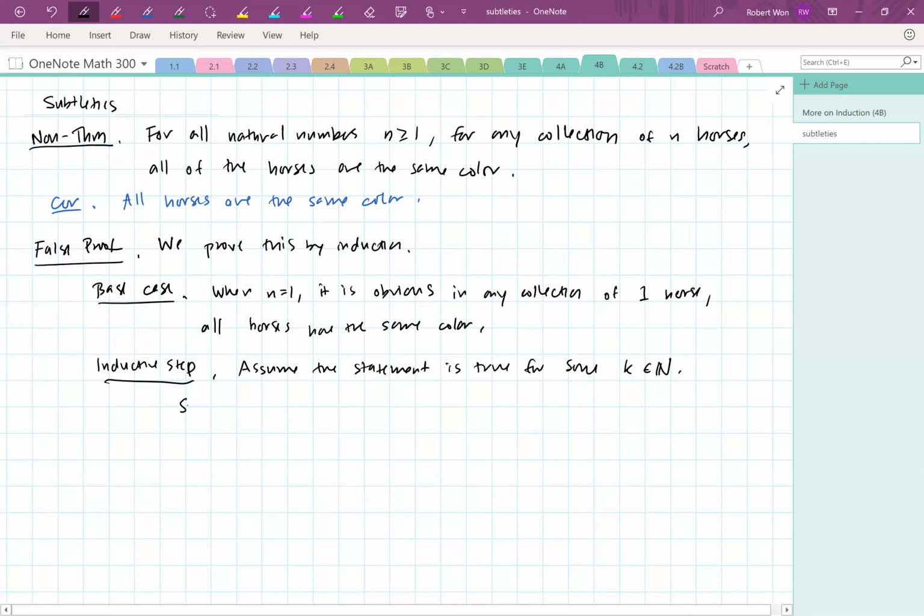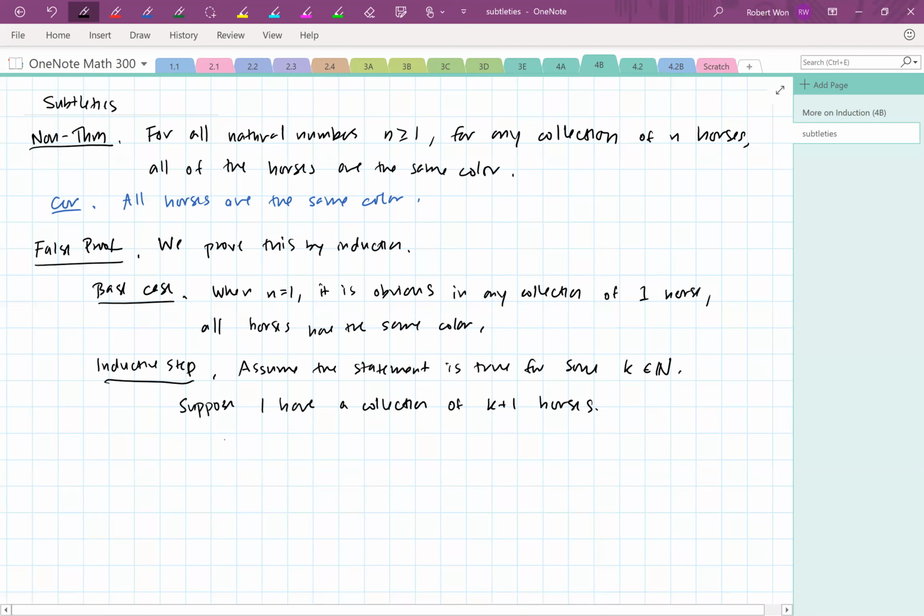Now suppose I have a collection of k plus 1 horses. I need to show that they're all the same color. Okay, but let me draw a picture, right?